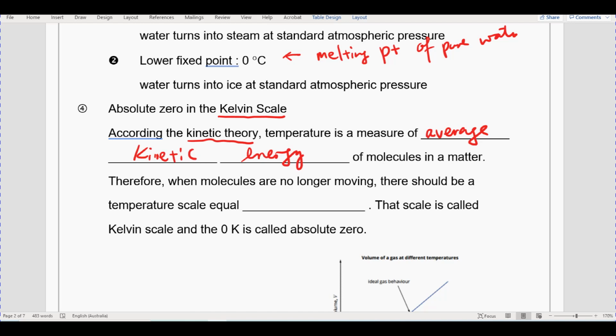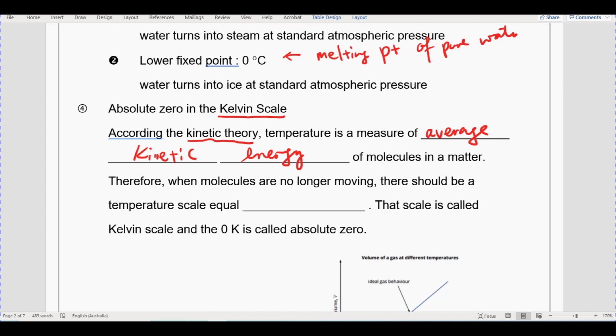That means the faster those particles move, the higher the temperature of the matter. The word average is very important, because last time we learned there's a distribution of the speed or kinetic energy of the particles in a matter. They all move randomly, so there won't be a single speed for every particle. Each of them moves at a different speed, so it's an average kinetic energy.